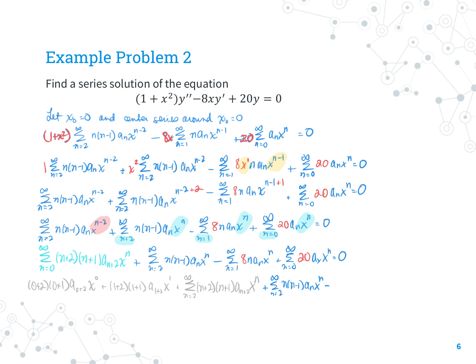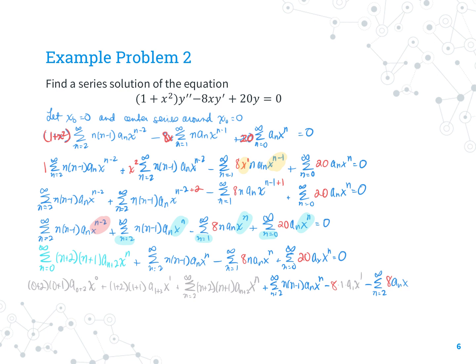So we would have our 8 still, and when n is 1, we would have times 1, a sub 1, x to the 1. And then we can subtract off the rest of the sum here from now n equals 2 to infinity of our 8, a sub n, x to the n.